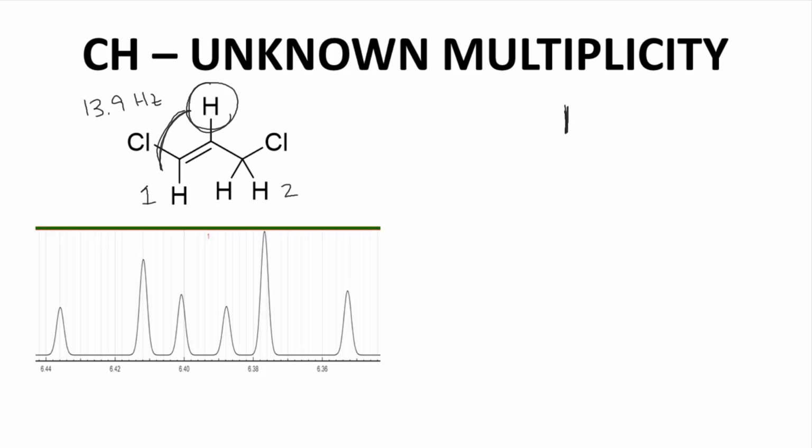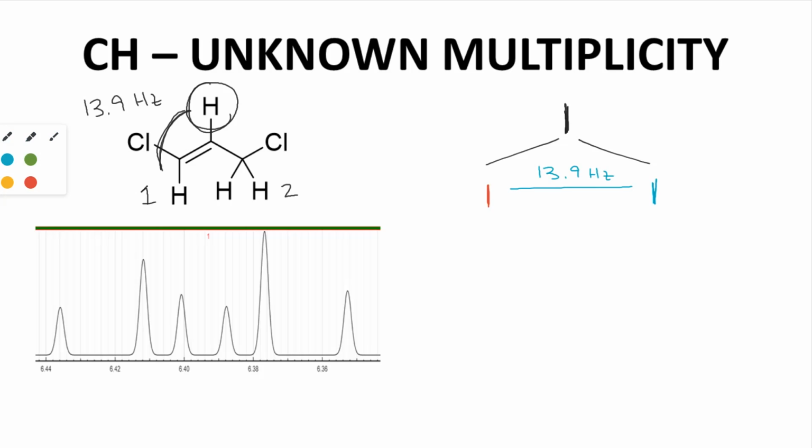The hydrogen signal is split into a doublet, two lines. We'll make one red and the other blue. The separation in the doublet is 13.9 hertz.